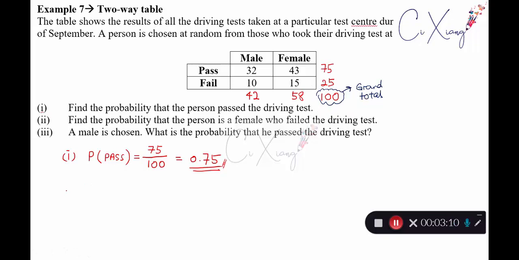Okay, then we go to part number 2. They want you to find the probability that a person is a female who failed the driving test. So you need to consider two events here. The person chosen should be a female, and at the same time she failed the driving test.